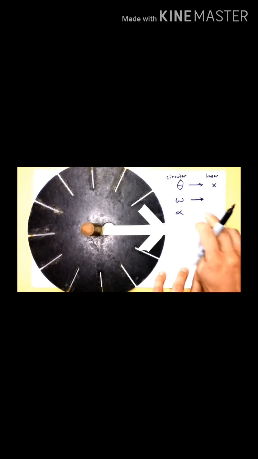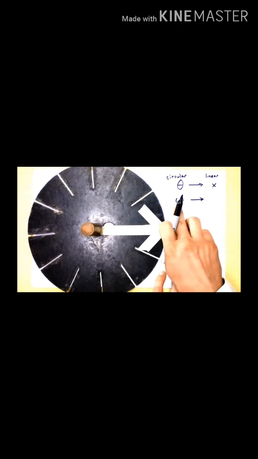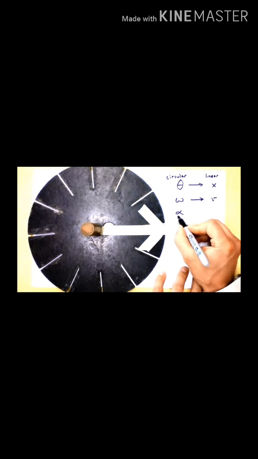Linear motion has the idea of a velocity. This is angular velocity, and so linear velocity is a v. And circular motion has an angular acceleration, and the analog is, of course, linear acceleration, or a. So we need to practice this a little bit before we're really good.